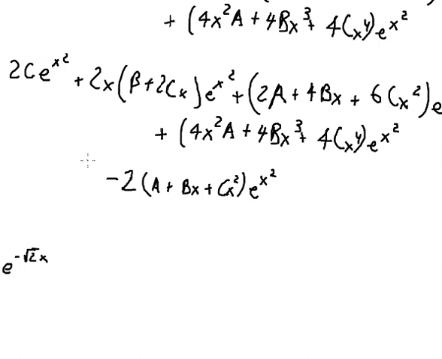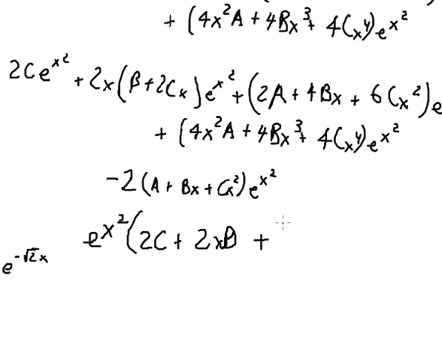So we can do factorization by e to the power of s squared. And we have 2c, 2sb, 2cs with 2c, we have 4cs squared.